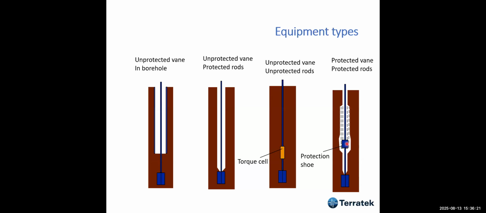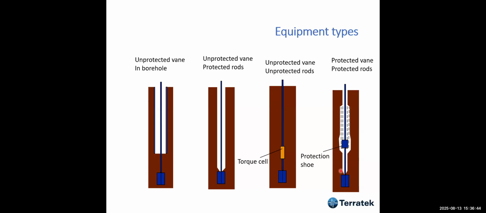We had the protection shoe in which the vane was housed. Then when you reach some depth, we give a kick on the rod, and this advances half a meter, we rotate, and then we pull it back. This was an advancement in relation to this.